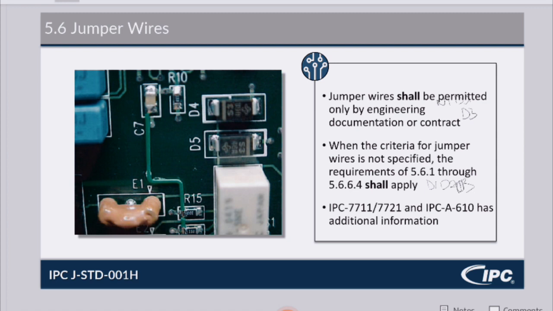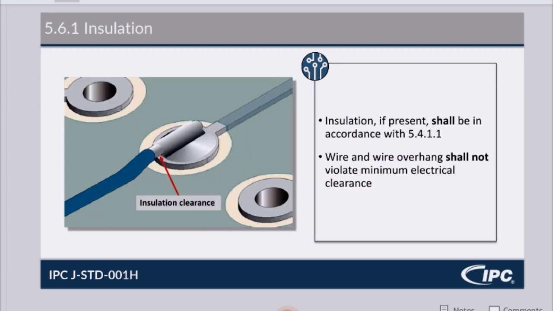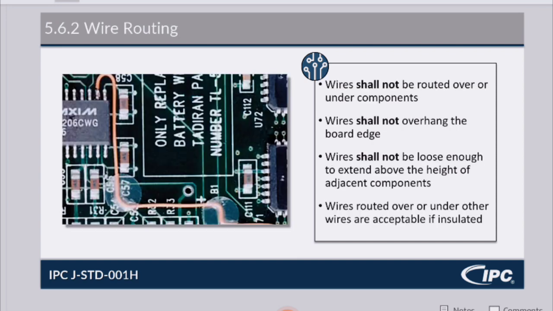D3. Insulation, if present, shall be in accordance with 5.4.1.1 insulation clearance. Wire and wire overhang shall not violate minimum electrical clearance. Both of these would be D1, D2, D3 if this was not met. Wires shall not be routed over or under components.